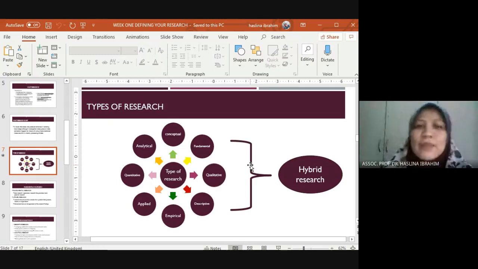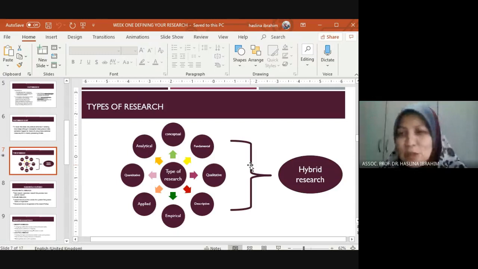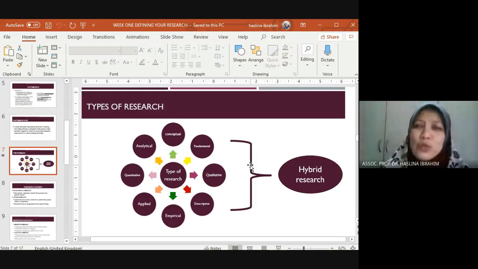And then qualitative. Qualitative is not only interview. Actually, library research is a form of qualitative research. Library research, conceptual research, fundamental research is a form of qualitative research. But also when you are interviewing people, going to the field, that is also qualitative, or you are conducting group interviews.